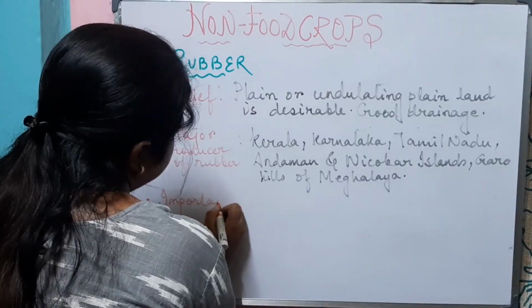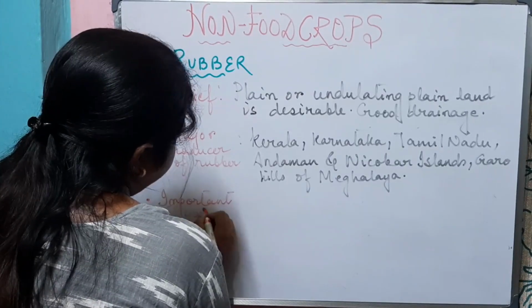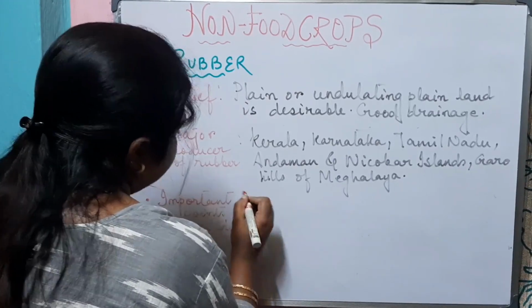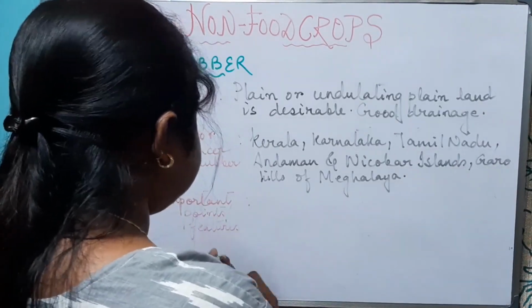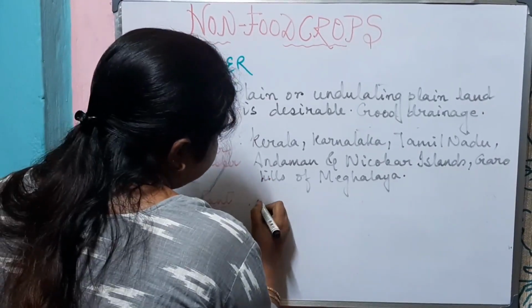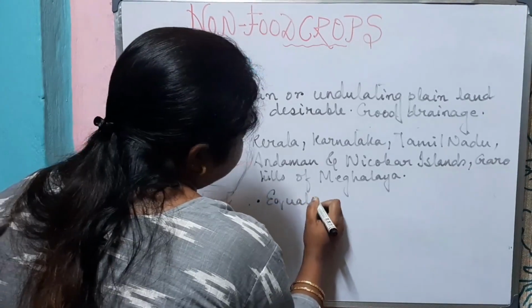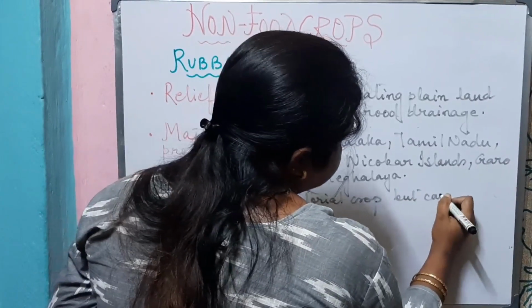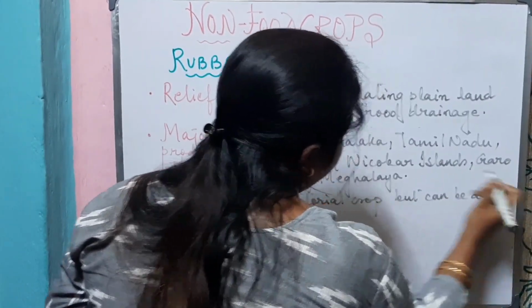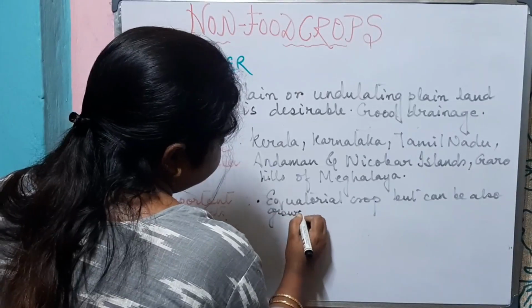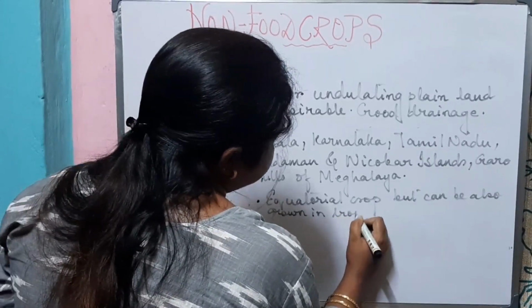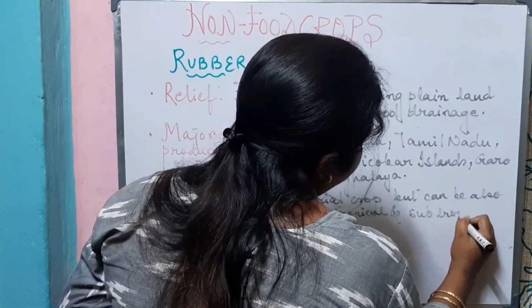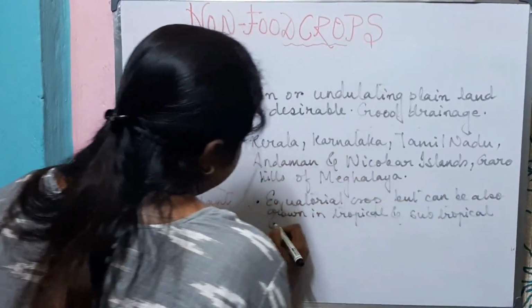Rubber is an equatorial crop, but can also be grown in tropical and subtropical areas.